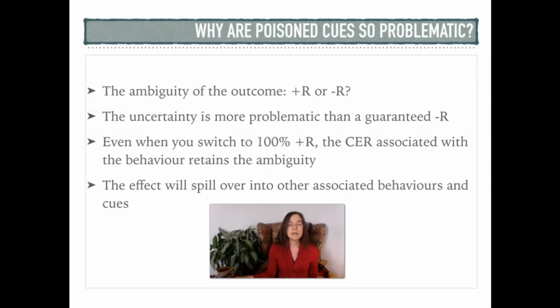Then we misinterpret what our dogs are doing, and pick the wrong program to fix it, and then we get frustrated and label our dogs as independent or stubborn or stupid or not a team player, and all of those things that I'm sure you've all heard people say about their dogs. Often it's because they have poison cues and people are not aware of it.